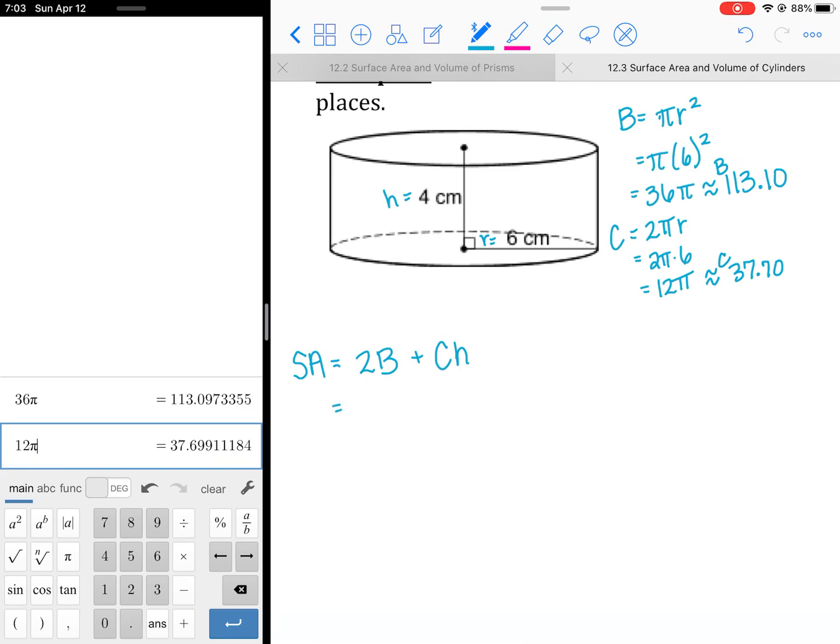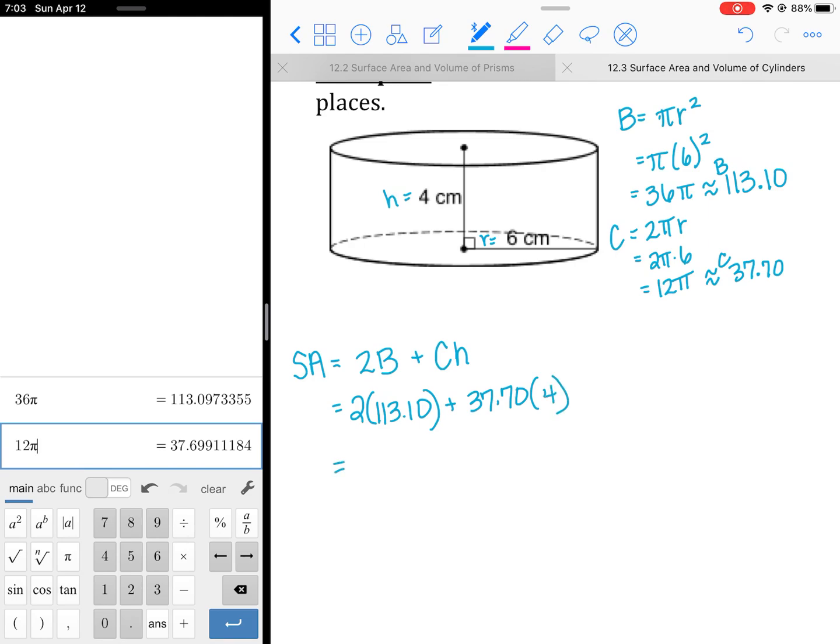All right, so let's plug in these numbers that we've already found. So this will be 2 times 113.10, and then I'm going to add on the circumference times the height. So that'll be the circumference of 37.70 times the height, which was 4.